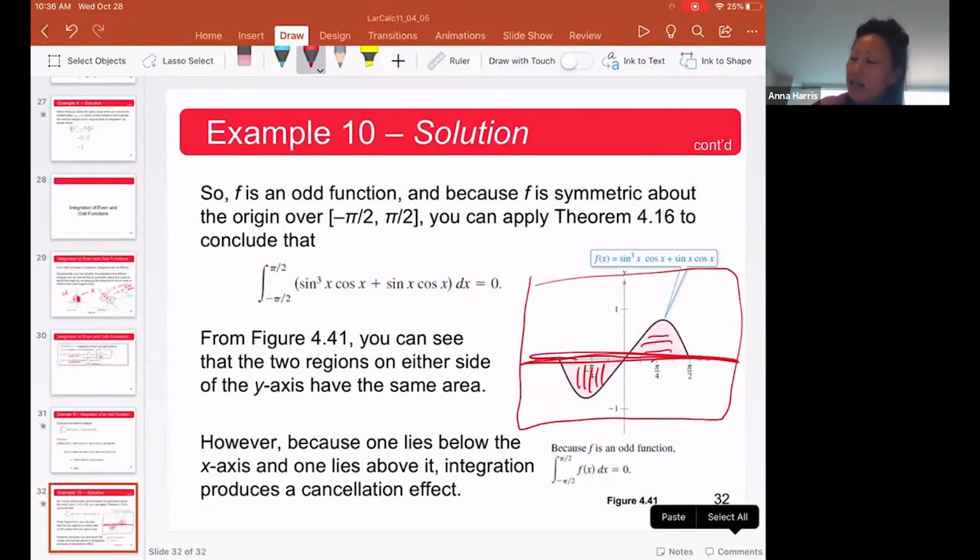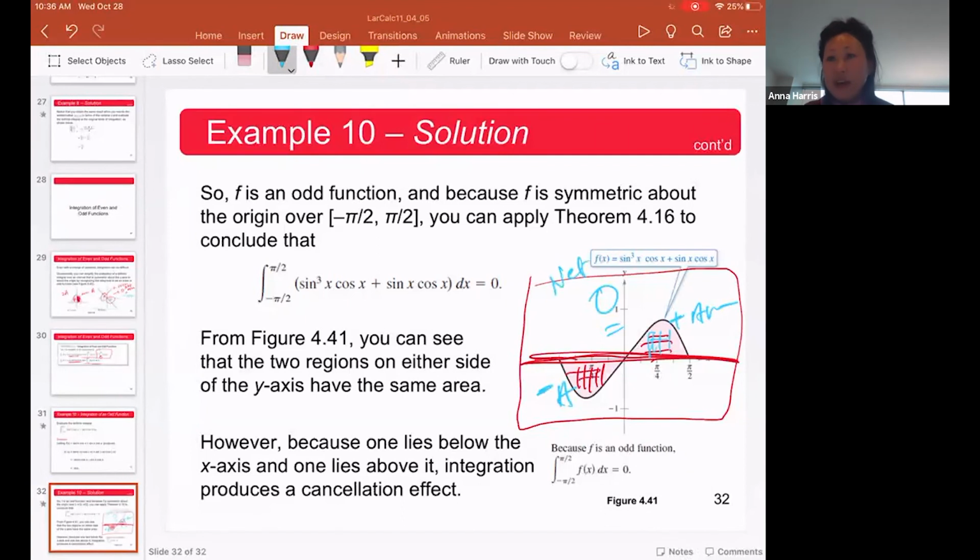Since this area cancels out with that area, this is negative area, and that's positive area. When you add them together, you get 0. So that is an odd function. For an odd function, you don't have to do anything. You can just say this is an odd function, your area is equal to 0 because they will cancel out.